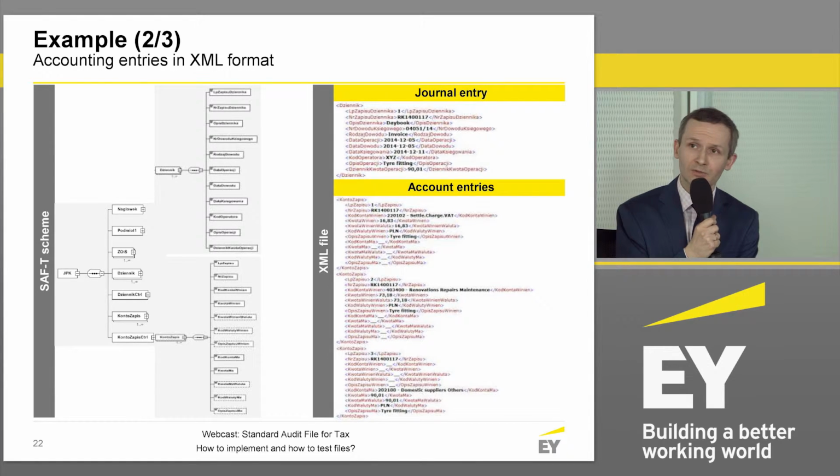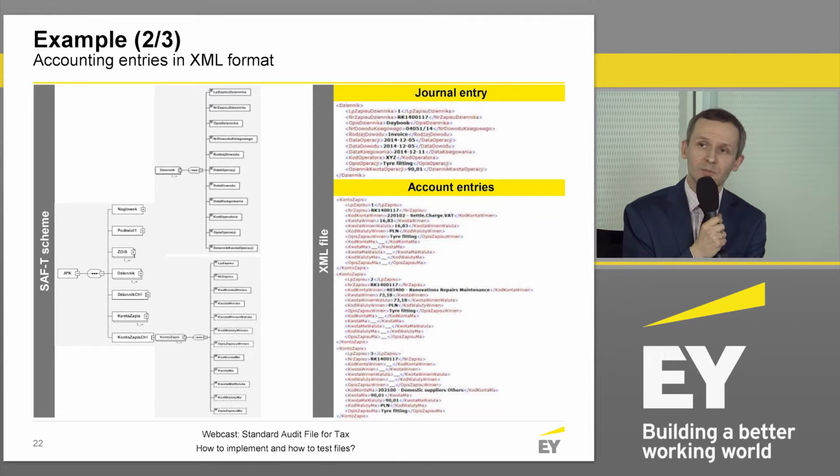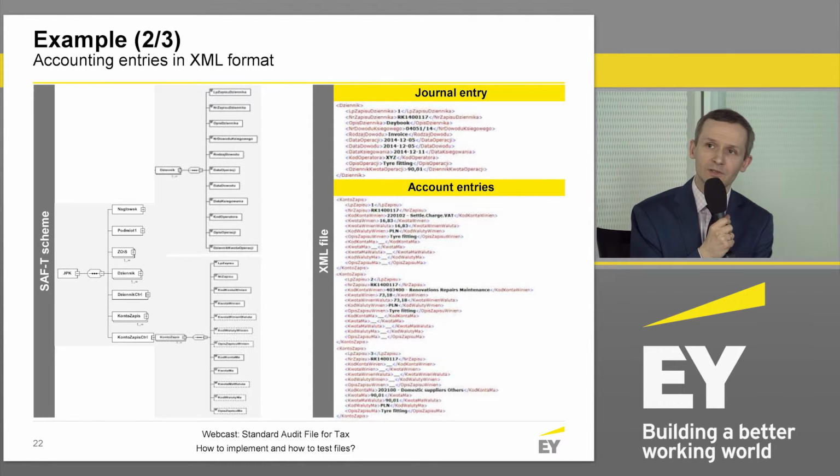I would like to draw your attention to those two yellow fields, journal entry and accounting entries, because the same invoice is represented twice in the single SAF-T file. The journal entry, the upper side, is a header of this accounting entry, and the bottom part are the lines, which are represented in a different part of the SAF-T file.